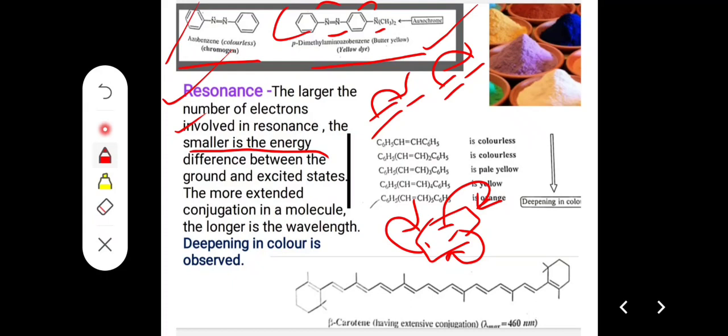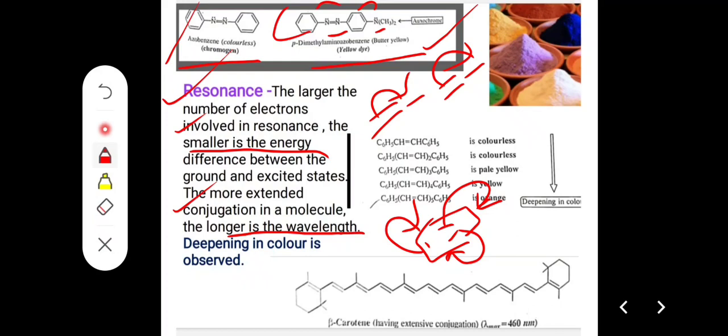When the number of electrons involved in resonance increases, the energy gap between the ground and excited state becomes smaller. So the more conjugation in a molecule, the longer the wavelength can be. Energy stability can be gained. As we know, as the number of electrons in conjugation increases, the energy difference between the ground and excited state decreases.